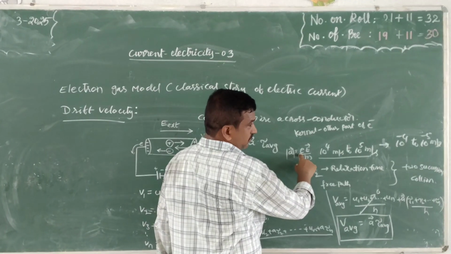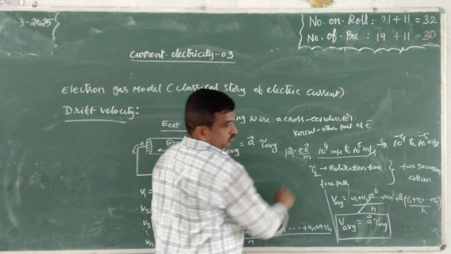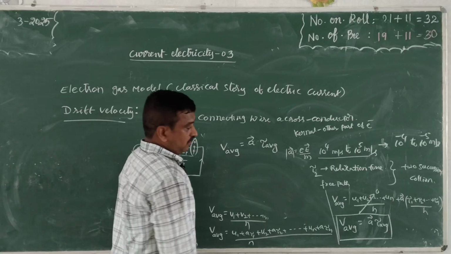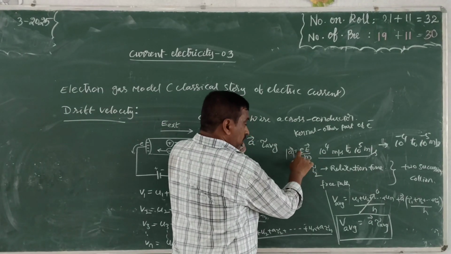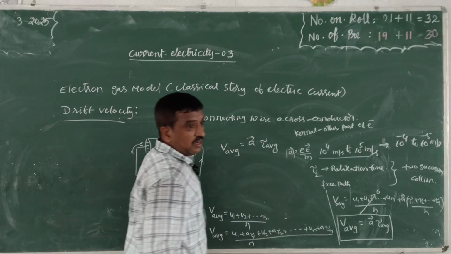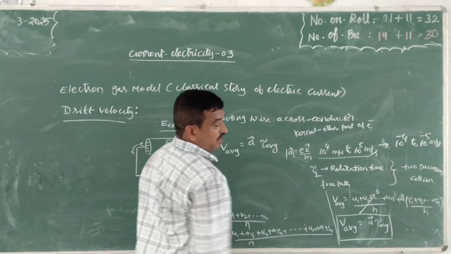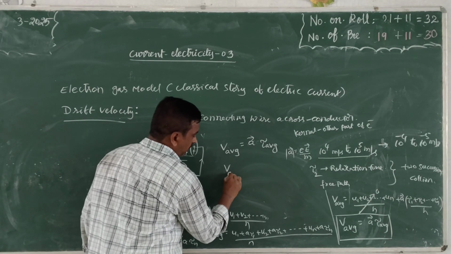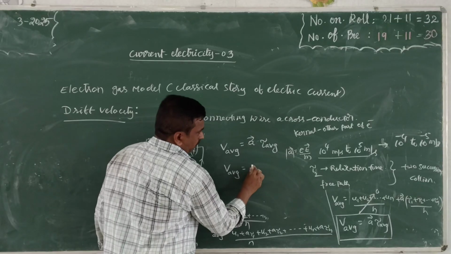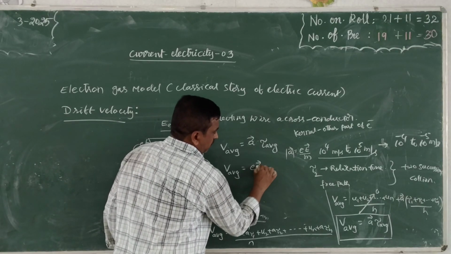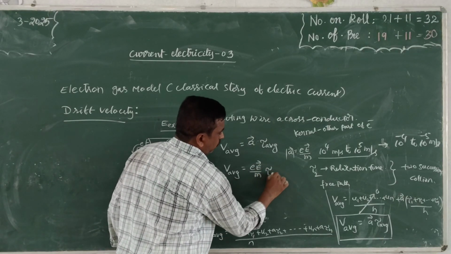Small e means the charge, here on the electron. Capital E means electric field. M means mass of the electron. See, here we can write v average equals e capital E by m into tau average.